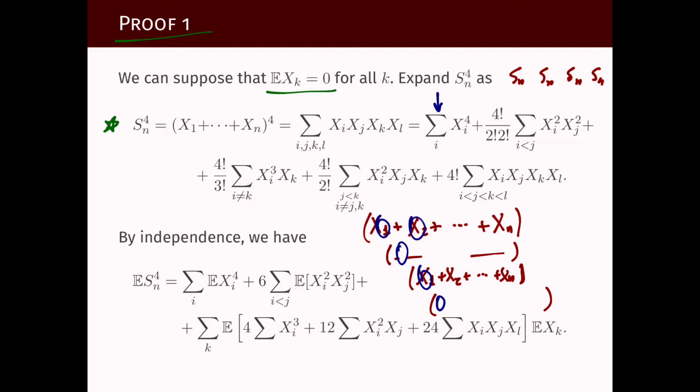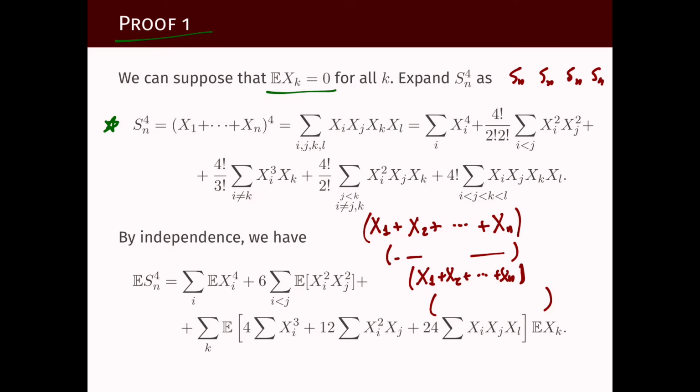We can get x2, x2, x2, x2. That is x2 to the fourth power, and we can do that for each index i going from 1 to n; we can always choose the same term in each of these products. So here we have the sum over all possible indices i of the random variable xi to the fourth power.